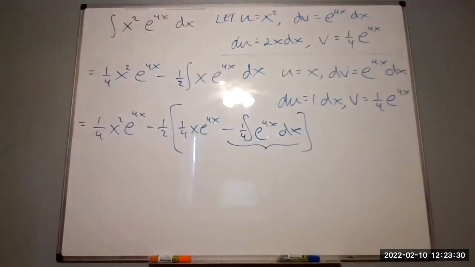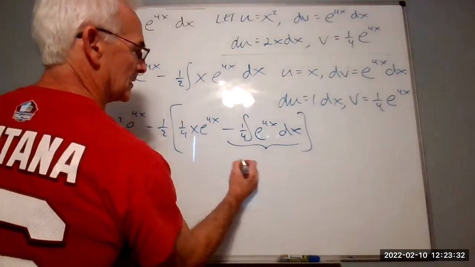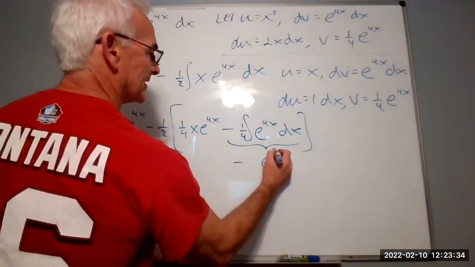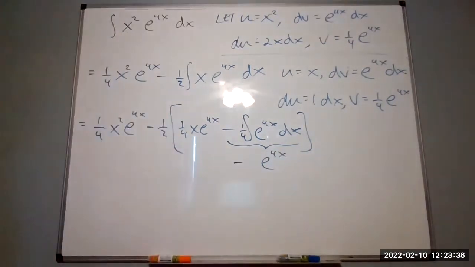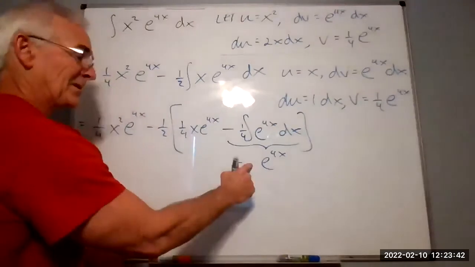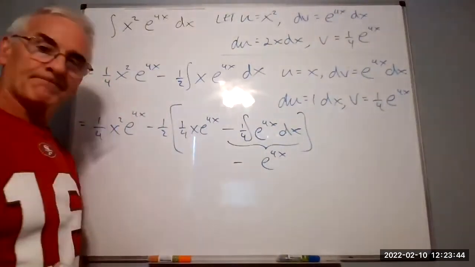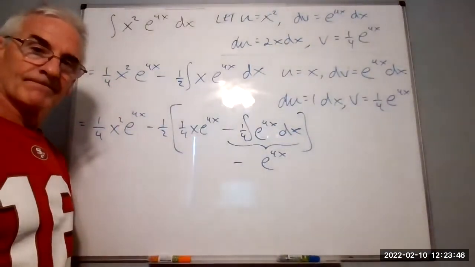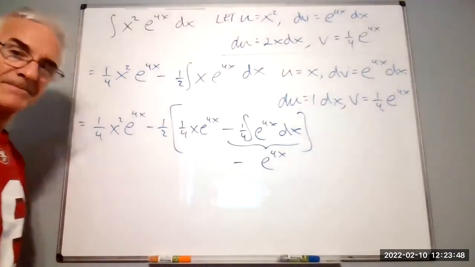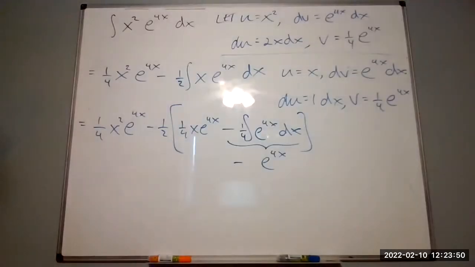Anybody? What's this going to give me? That's going to give me minus what e to the 4x? What goes here? We should not be struggling with that.